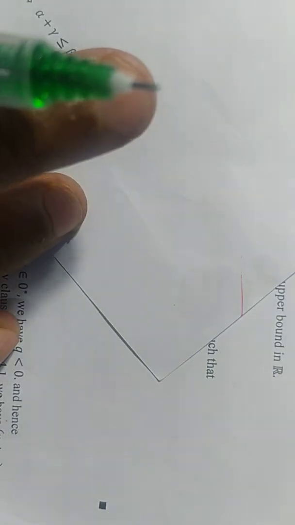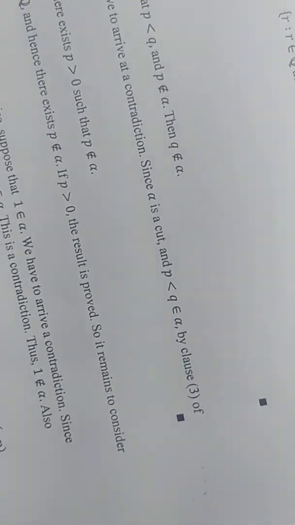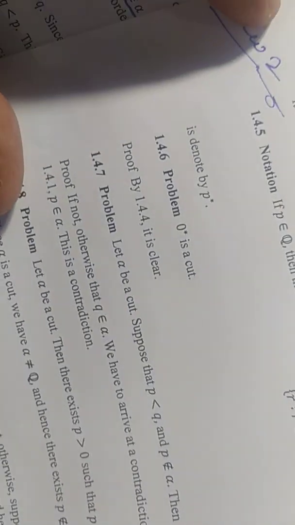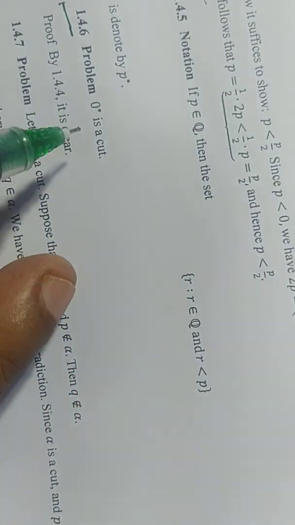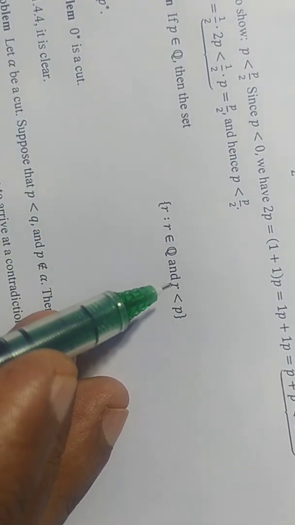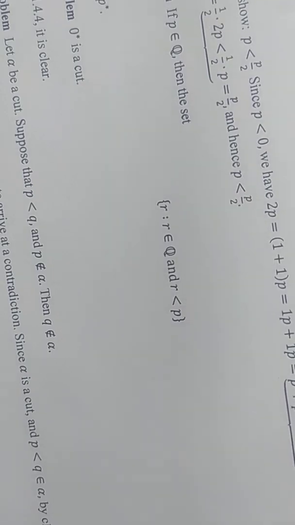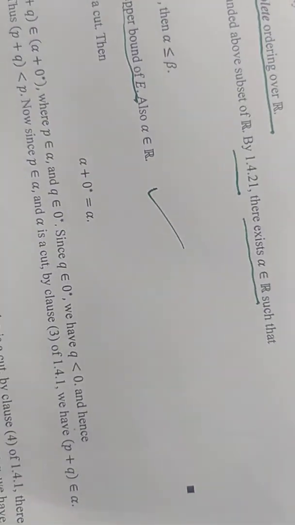It has been shown earlier, see here, 1.46: 0 star is a cut. And what does 0 star stand for? The collection of all rational numbers which are negative, meaning smaller than 0.